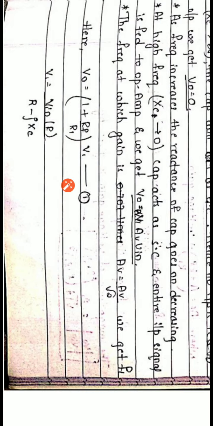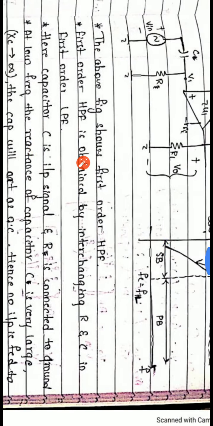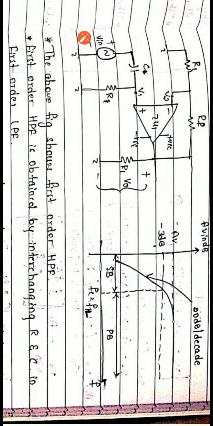Now we need to find the voltage V1. If I apply the voltage divider rule here, V1 is measured across resistor R. This is resistor R, this is the input Vin, and this is the capacitor, exactly opposite to the first order low pass filter.